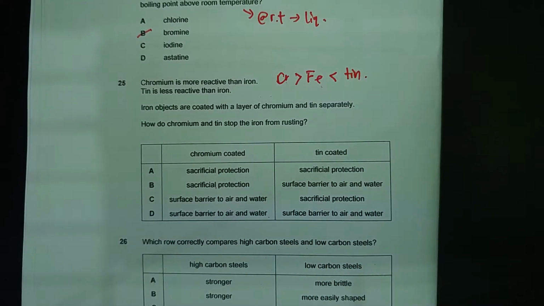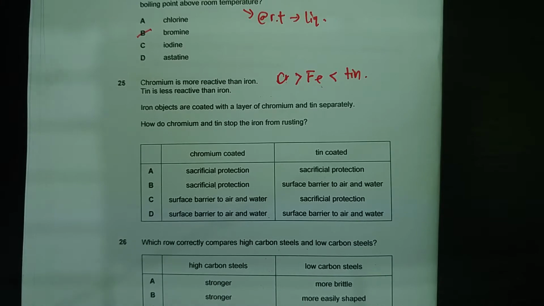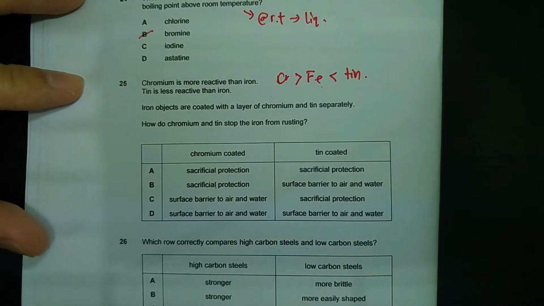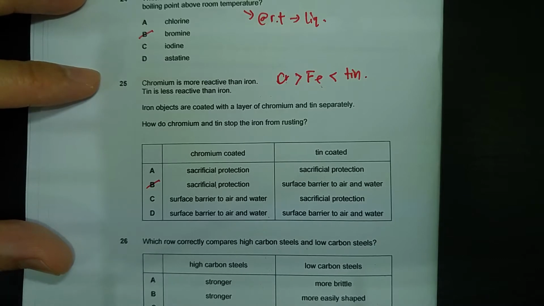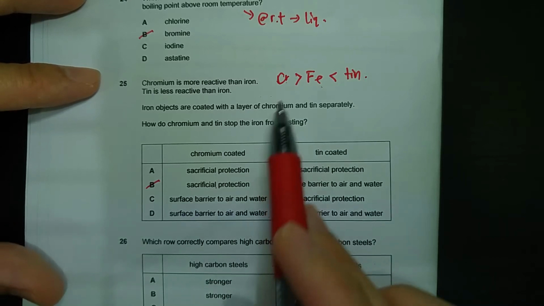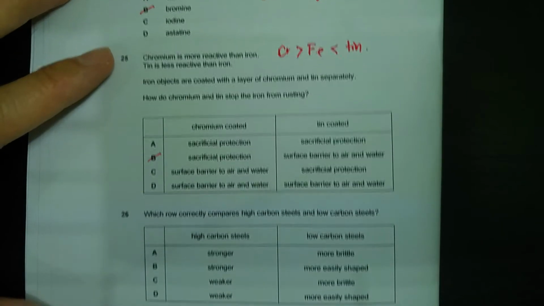That means prevent the iron from coming into contact with air as well as water. So it is B. Only a more reactive metal can provide sacrificial protection to a less reactive metal, like in this case chromium to iron.